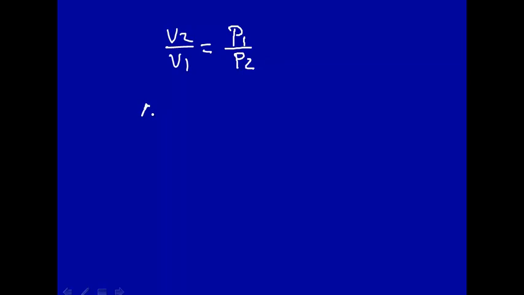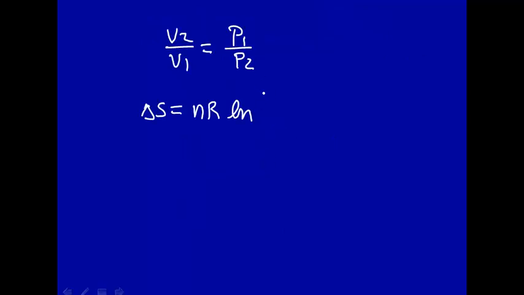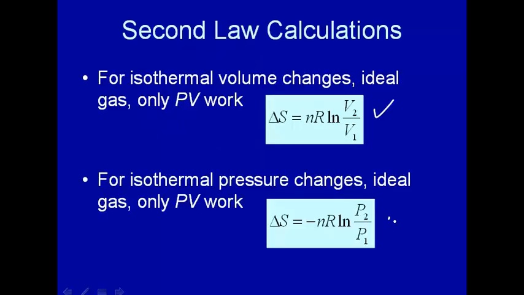So we can say that delta S is equal to nR times the natural log of, we're going to substitute in for V2 over V1, P1 over P2, and that's equal to minus nR times the natural log of the final pressure divided by the initial pressure. So that's that one. So those are where those four equations come from. We all start with the definition of entropy. dS is equal to dq reversible divided by temperature.